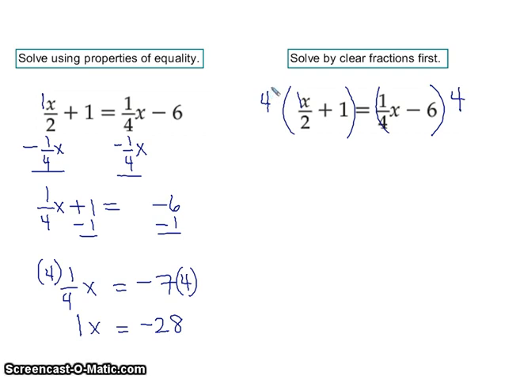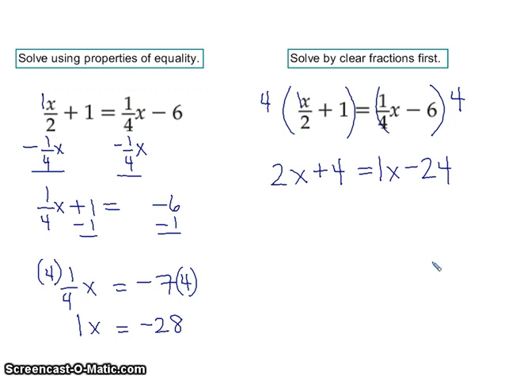So we're going to go ahead and distribute the 4. 1/2 x times 4, or 1/2 of 4, is 2. So we have 2x. And 4 times 1 gives me 4. 1/4 of 4 is 1x. And 4 times -6 is -24.